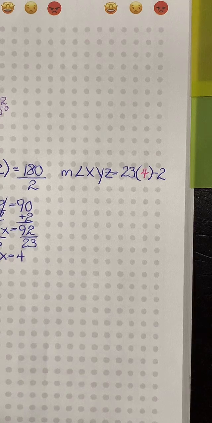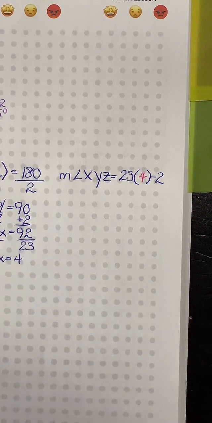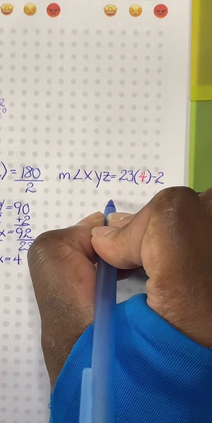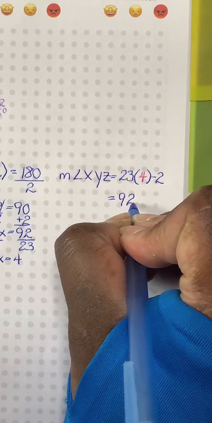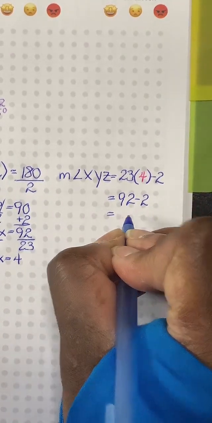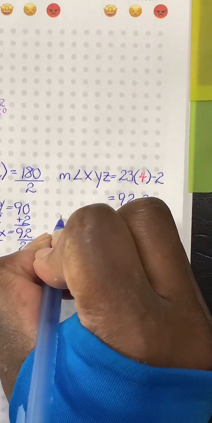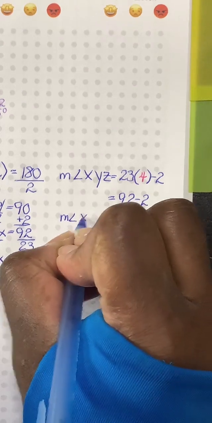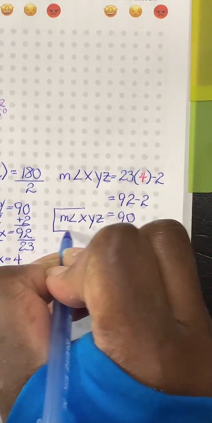So 23 times 4 gives us our 92. And you're like, wait, didn't it just take us right back to what we were doing? Yep.